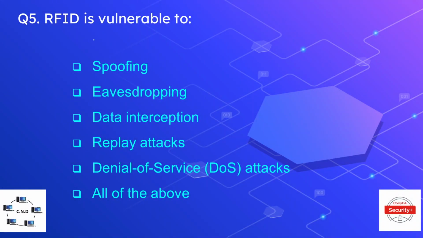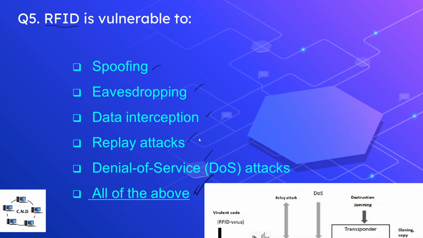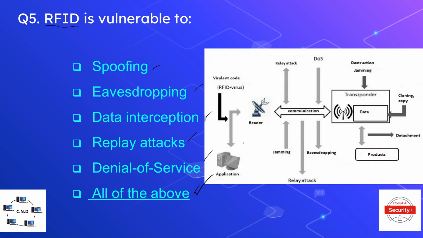Question number five is: RFID, or radio frequency identification, is vulnerable to different types of attacks, and the options are spoofing, eavesdropping, data interception, replay attacks, denial of service attacks, or all of the above. The correct option is all of the above. The RFID device is vulnerable to all of the attacks.